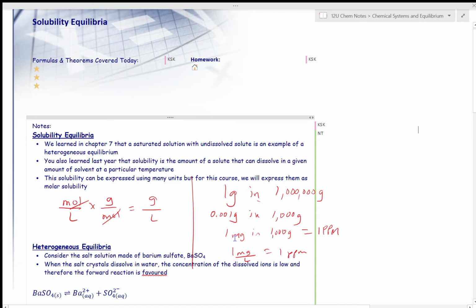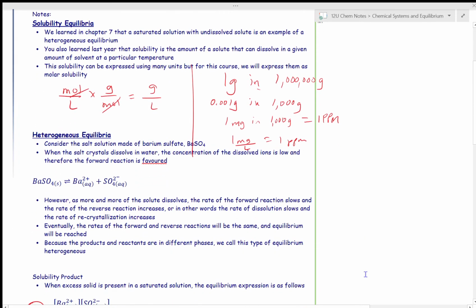So 1 milligram in 1,000 grams, or 1 milligram in a kilogram, is a part per million. Which translates, if we're looking at the density of water and looking at another way to represent it, 1 milligram per liter is equivalent to 1 part per million.